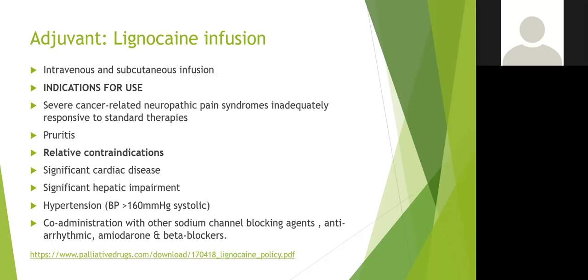But it's not an easy step, and we should have experience as well as the setup to use it. Also for pruritus, they have shown some evidence for lignocaine infusion, obviously severe intractable pruritus, because whenever we use a medication, we have to look at the risk and benefit of giving it.